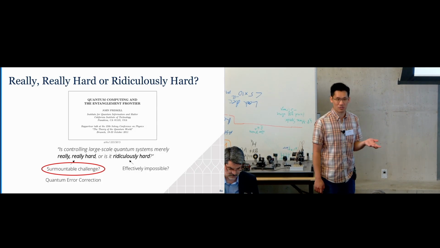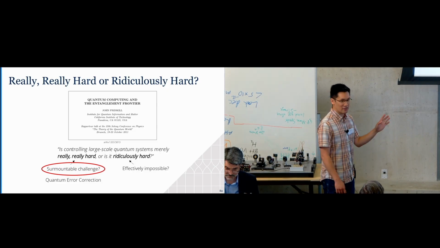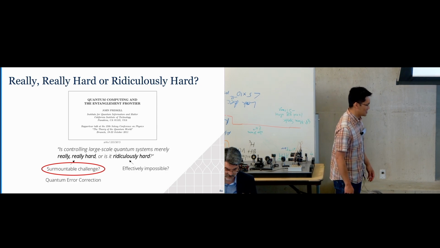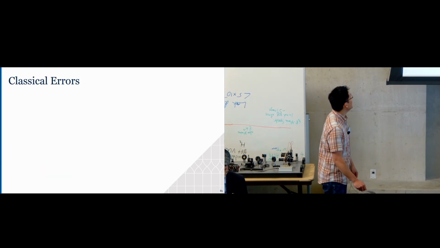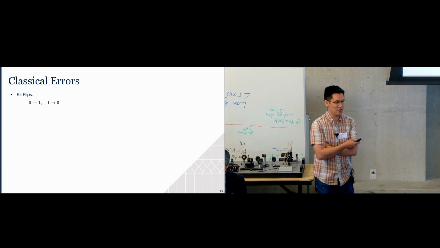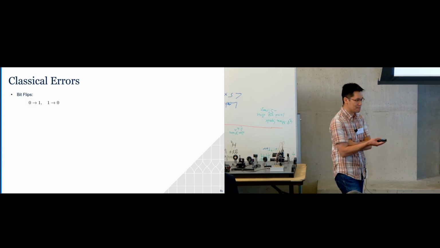That's true with classical computers as well, right? There are errors in them, and you can use all sorts of error correcting codes to fix those errors. You can do that in the quantum case with qubits as well. Classically, the only error you can have is a bit flip: a 0 that accidentally becomes a 1, or a 1 that accidentally becomes a 0.